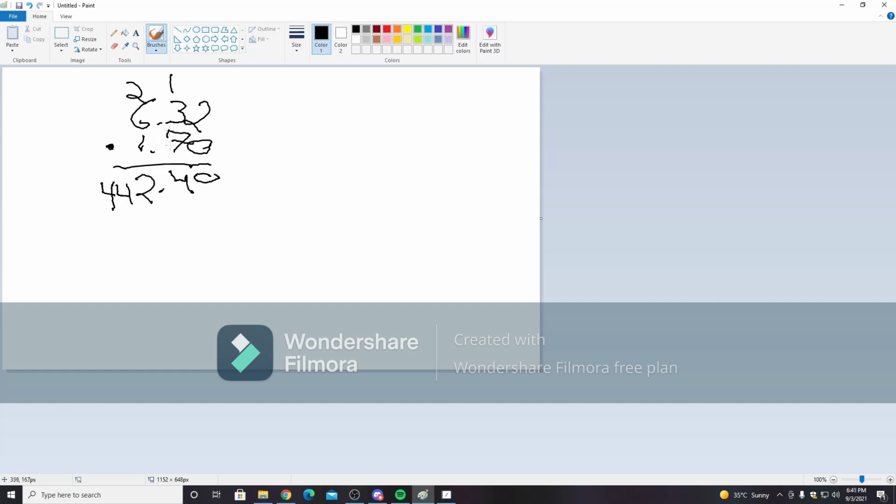And since we're moving one place over, we're adding the extra 0, so it's going to be 2 places, since we're moving 2 places over.